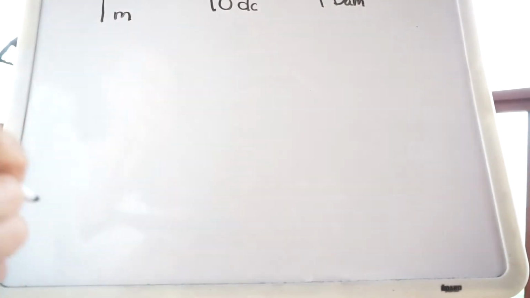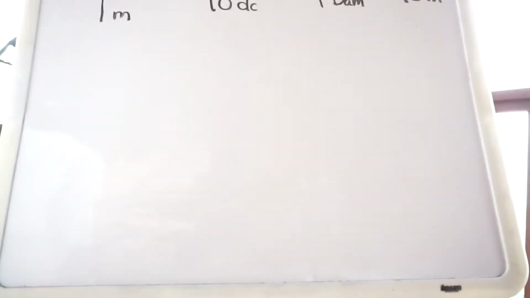I don't know how that's actually supposed to be abbreviated. I suppose I need to look that up. But another thing we can write is 1 decameter is 10 meters.